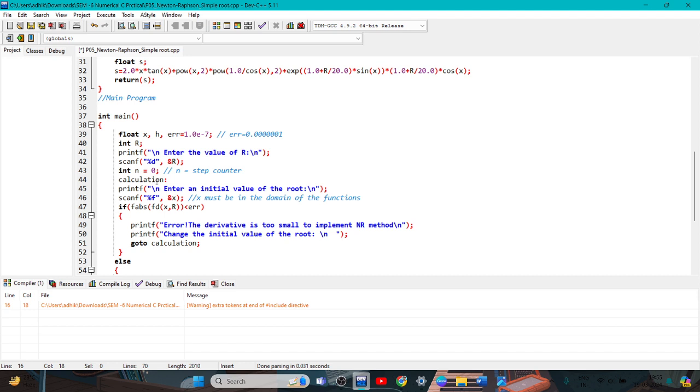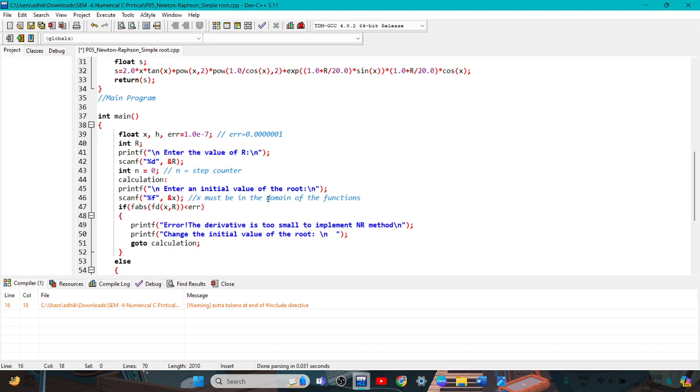Here is the calculation label: if the derivative is small, then we repeat this calculation and come back to this stage. Printf, enter an initial value of the root. Scanf percentage f, ampersand x.